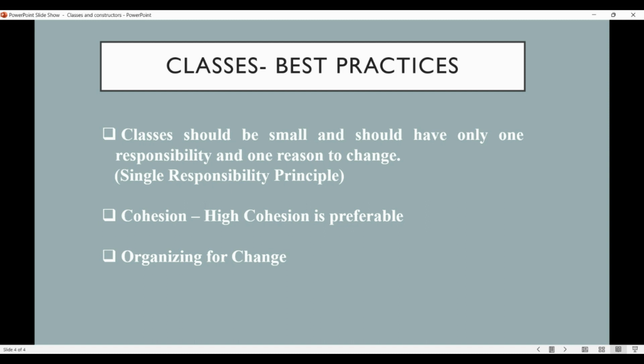Now, the third best practice for classes, as suggested by Robert C. Martin, is that you must organize your classes for change. As we know, for most systems, change is essential and continual. So, in a clean system, we organize our classes so as to reduce the risk of change.